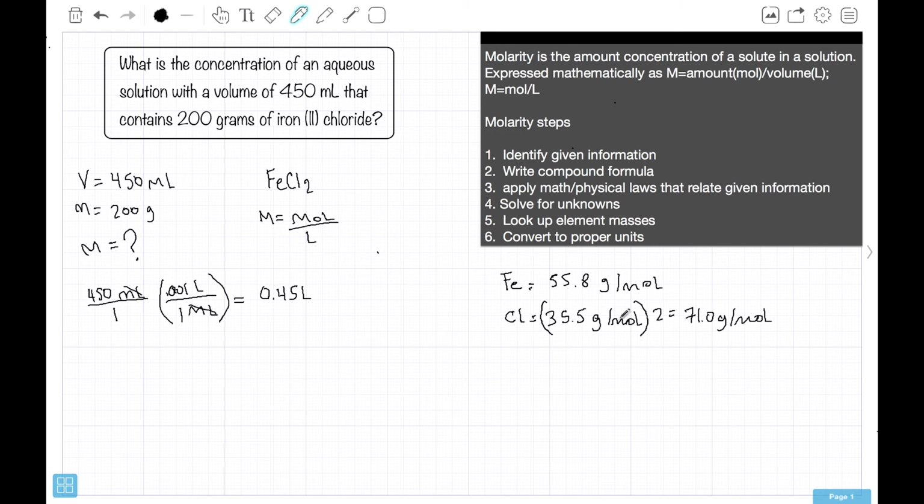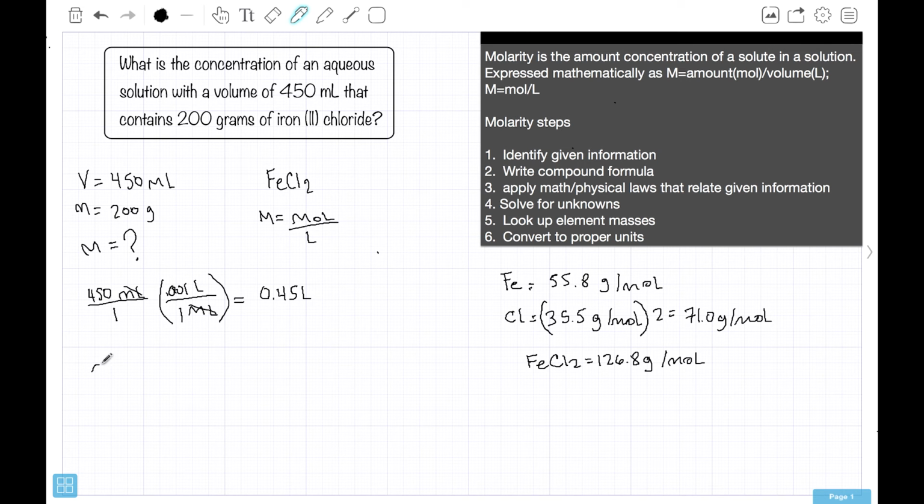So now we're going to sum those two together to find the total mass of iron 2 chloride. And that turns out to be 126.8 grams per mole. So now we know the relationship between grams and moles for iron 2 chloride. And we can use that to convert the 200 grams that we were given.